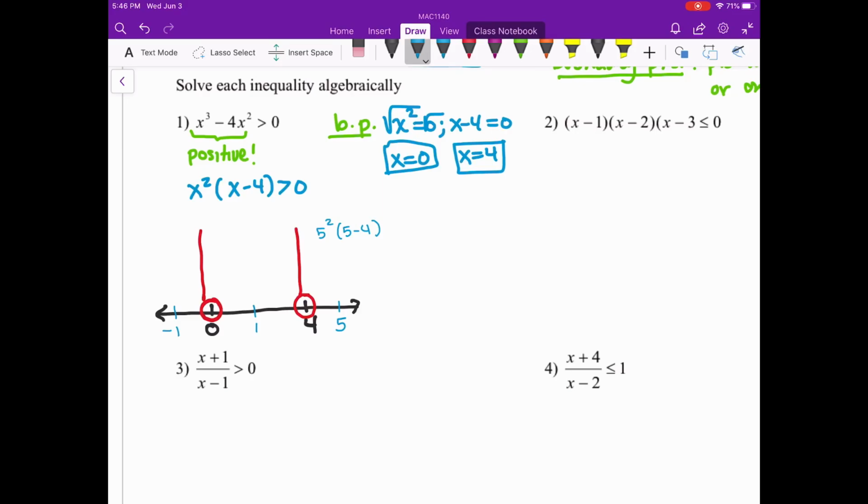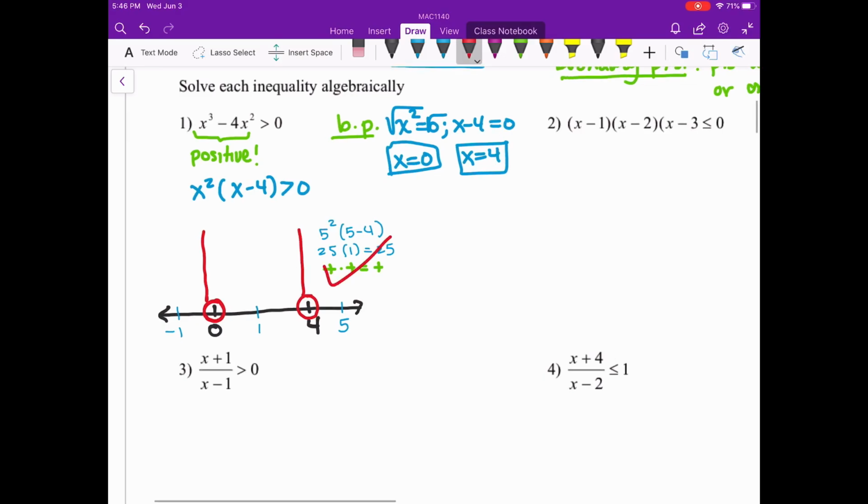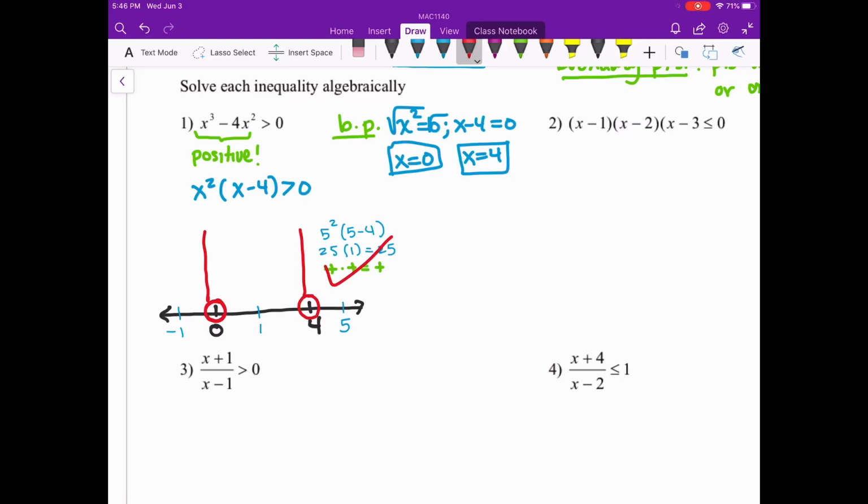As you can see, I end up multiplying a positive times a positive, and I end up with a positive number, 25. So this interval works.